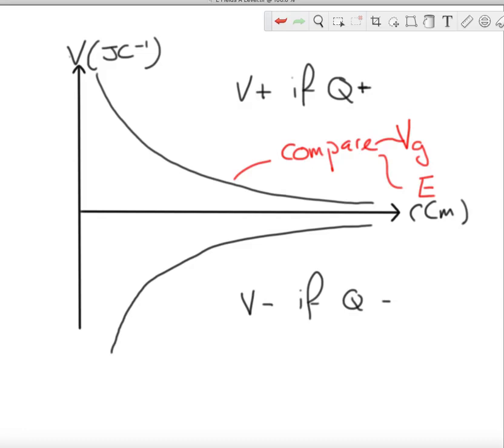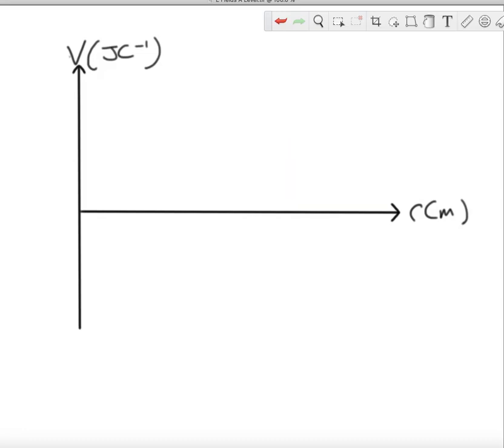And just a couple of extra points for you in relation to electric fields.